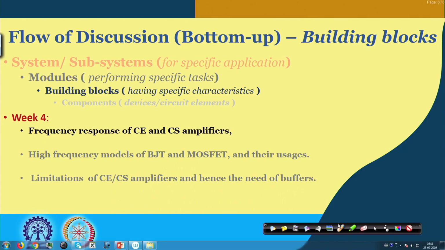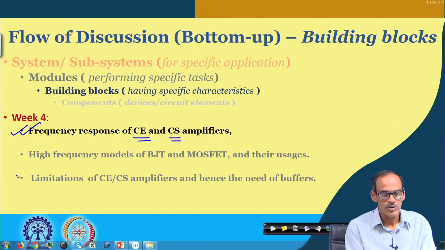So, the overall situation, if you see the flow-wise, as I said, we are in the fourth module, and today we are going to discuss frequency response of common emitter and common source amplifiers, and subsequently we will be covering the frequency response considering high frequency model.